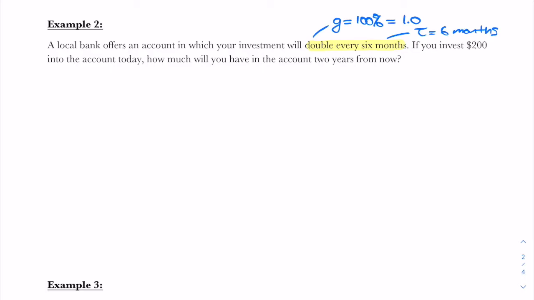We invest $200 into the account today. So that would be our A0, the initial amount. And the question is, how much money will you have in 2 years? So that 2 years represents the time.